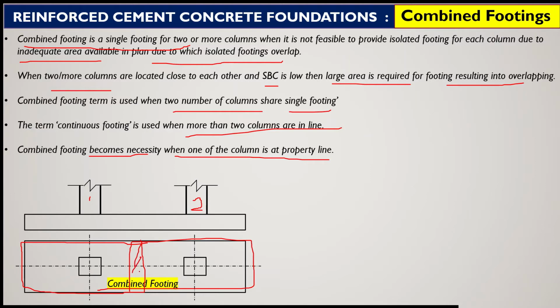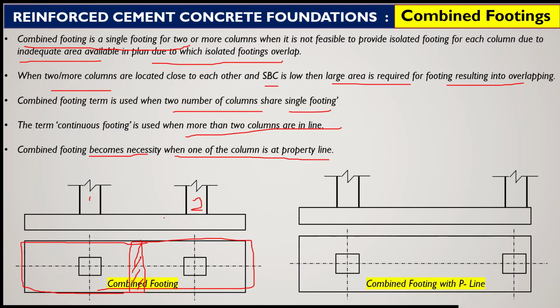Then you can see that in some portion the footing of each column is getting overlapped with the footing of the other column. So to avoid this, we have to design a combined type of footing. The second case we have taken into consideration is when one column is okay but the other column is just at the property line. So then it becomes a necessity to design a combined footing when one of the columns is touching the property line.